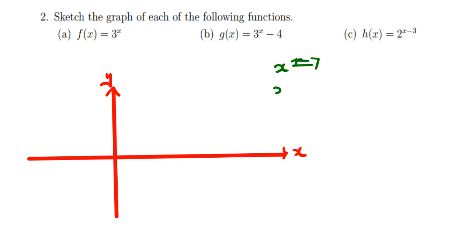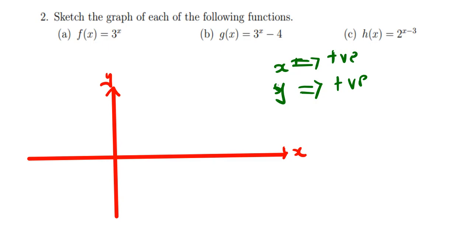Let's also look at the value of y. The value of y here, we're talking about the value of the function itself. So look at the power x as a power here. It is positive, so we're going to the positive values of x. Then look at the value of the whole function. It is positive, so because it is positive, we're also going to the positive values of y.